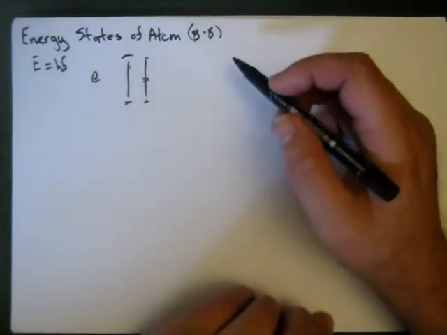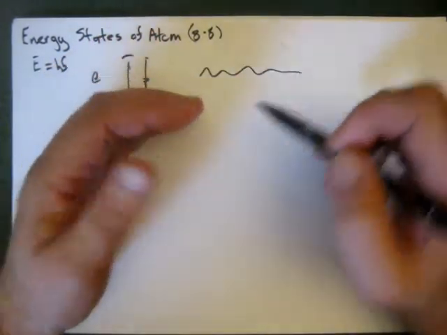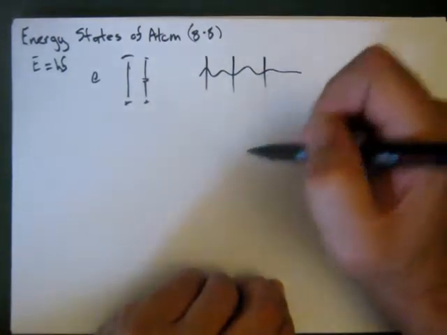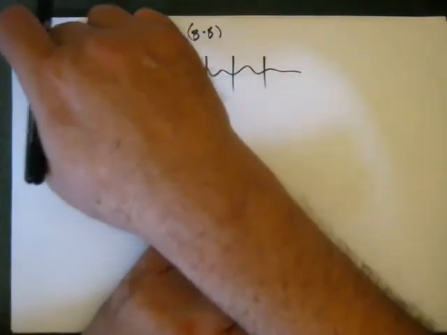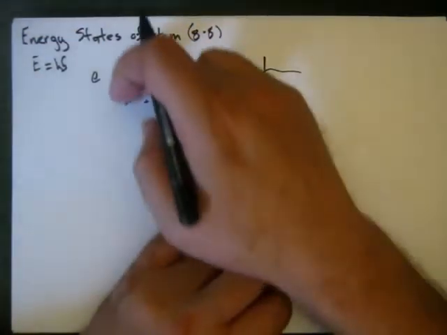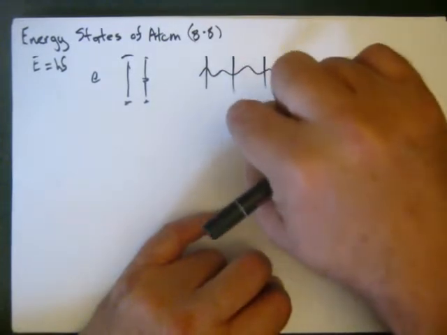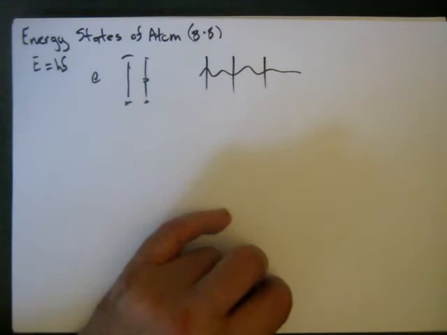So it was always assumed the electrons could be at any frequency, but he was saying no, it can only be at this frequency or this frequency or this frequency, because the frequency is related to energy. Therefore, it can only have this amount of energy or this amount of energy or this amount of energy, and therefore the energy of the atom could be quantized.